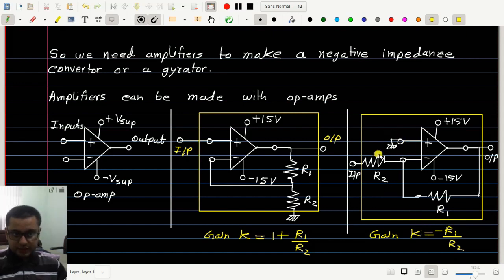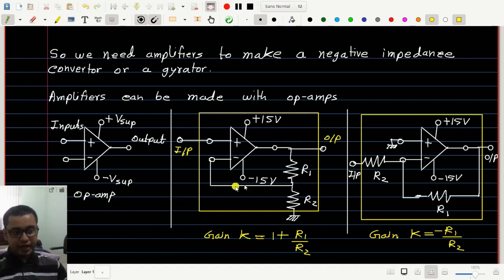Therefore, the gain of this amplifier is negative. If you give a positive input voltage, you will get a negative output voltage. And the ratio of output voltage by input voltage, that is the gain, is given by this ratio of R1 and R2. So this amplifier has negative gain, and you can change the gain by changing R1 and R2.